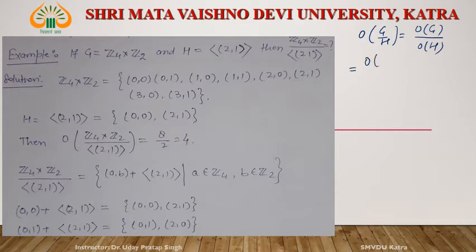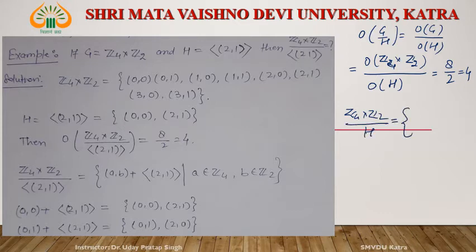The order of Z4 cross Z2 is 8 and the order of H is 2. Then this quotient group Z4 cross Z2 by H contains 4 elements, of the type (a, b) plus H, such that a belongs to Z4 and b belongs to Z2.